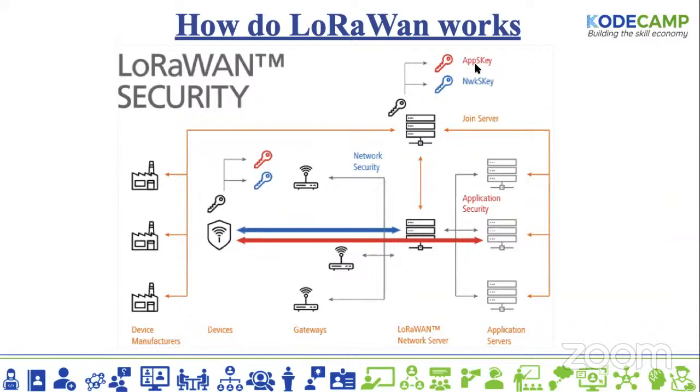APPSKEY means application session key, and the other, NWKSKEY, means network session key. Let me define these terms so you really understand. The application session key is used for encryption and decryption of payloads.